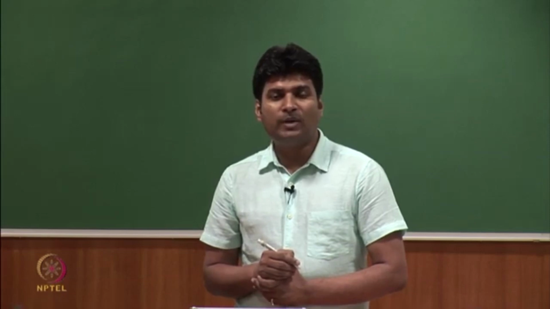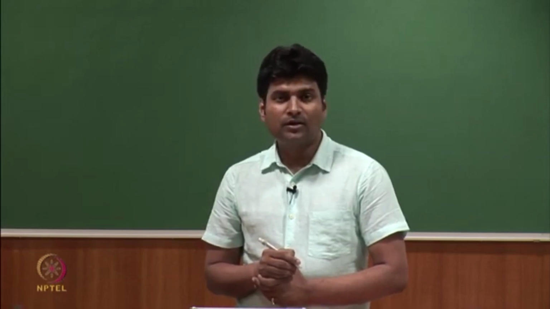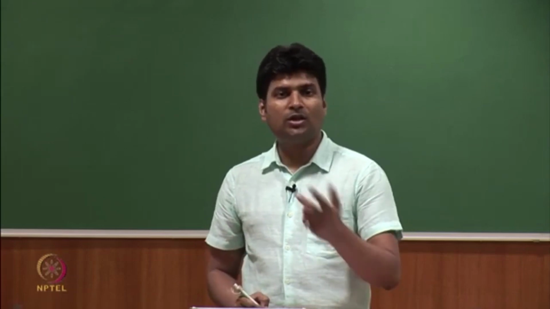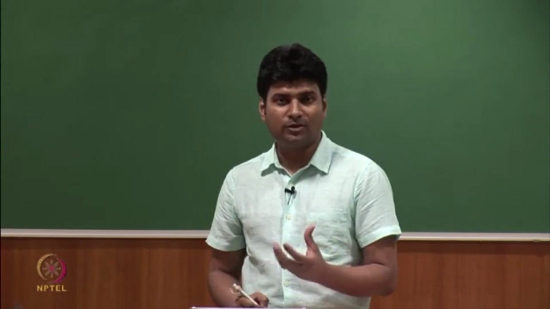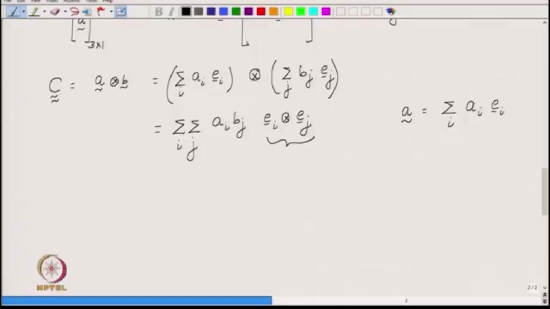So, how many basis vectors are there? There are 9 of them, for i equal to 1 to 3, j equal to 1 to 3. So, there are 9 basis tensors, and any tensor you could write in terms of these 9 basis tensors.